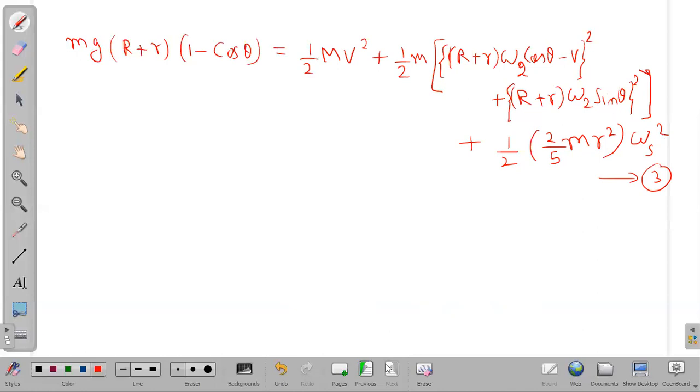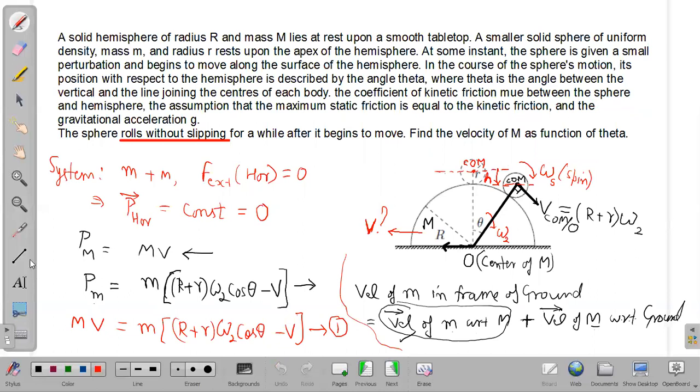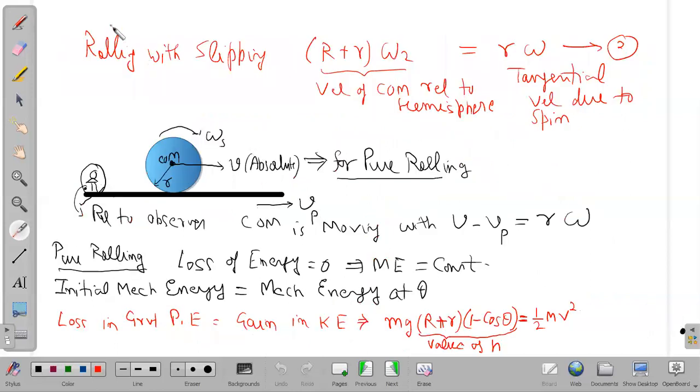Before I proceed to the answer, I will re-explain briefly that the first basic principle used in this question is conservation of linear momentum. And remember, during conservation of linear momentum, do not forget to take the velocity of center of mass in the ground frame. Then there is a criterion for rolling without slipping, and for this we have to take relative velocity.